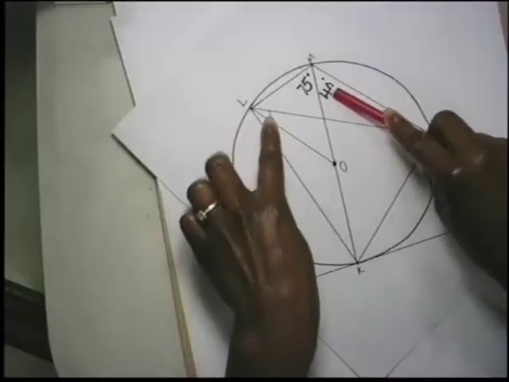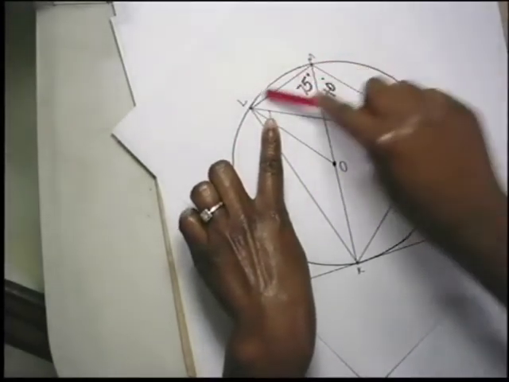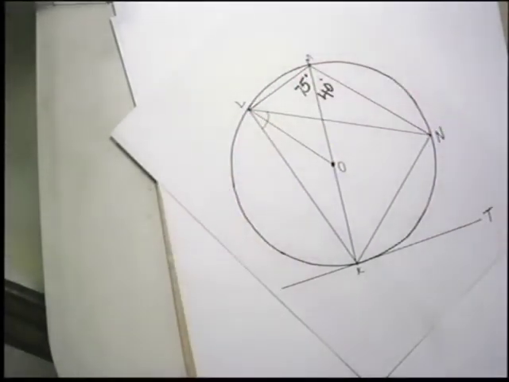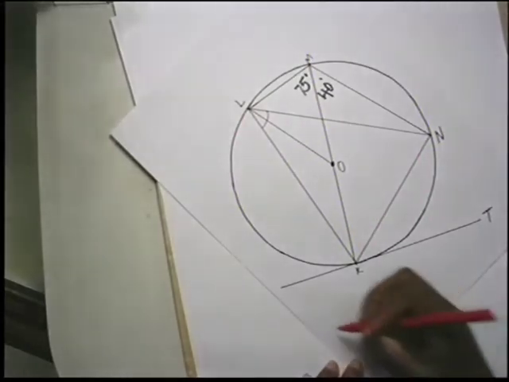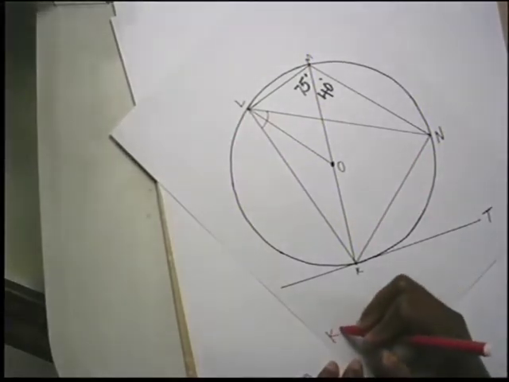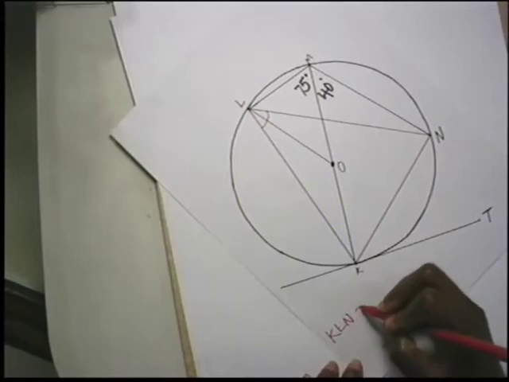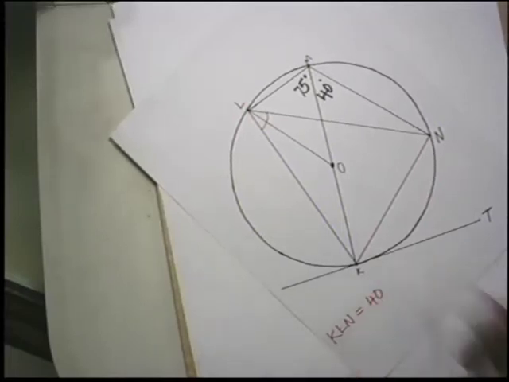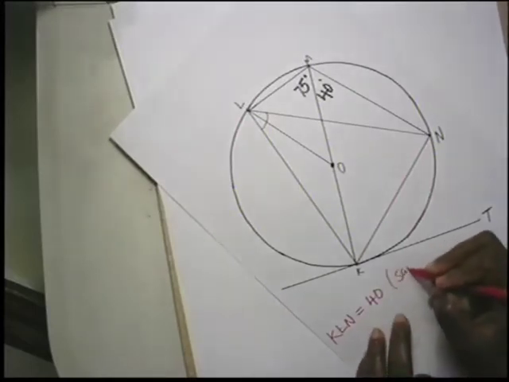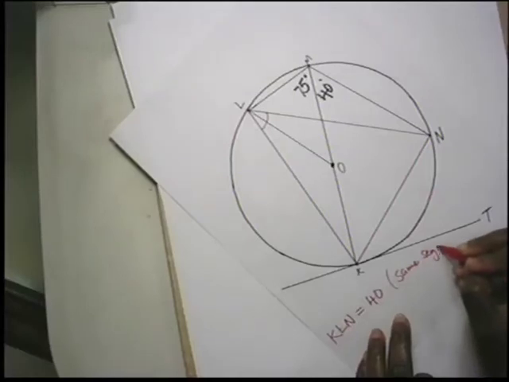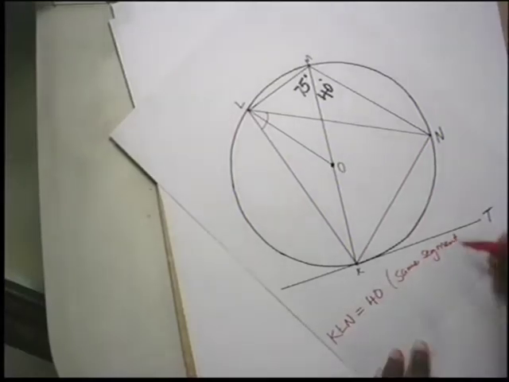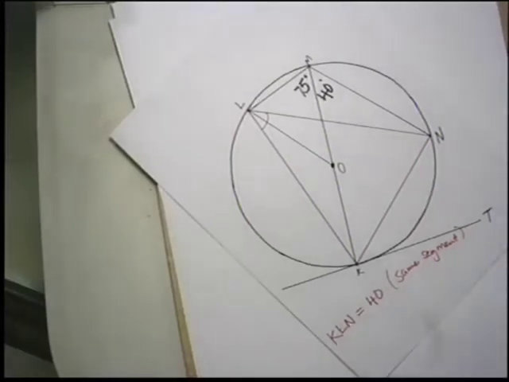We can see that 40 and this angle are in the same segment. So that angle KLN is also 40 degrees. Sometimes you need to provide the reasons. So you can say those two angles are in the same segment. Okay. Let's continue with B.